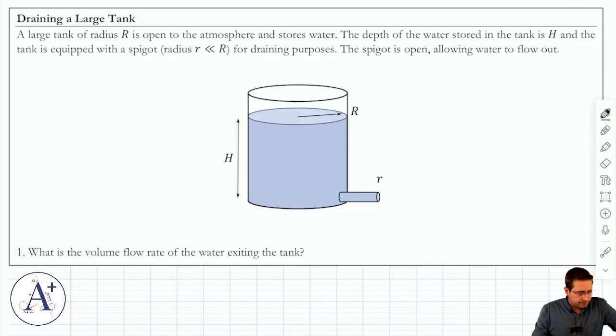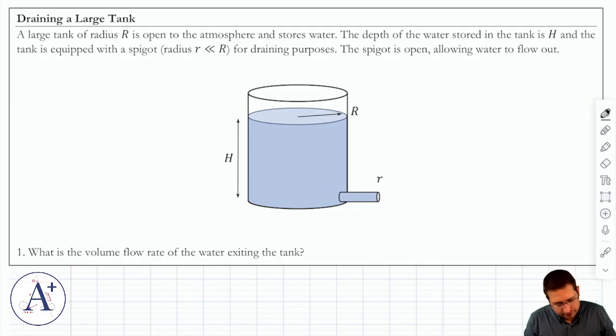Now, let's move on to fluids that are flowing. This problem is everywhere in one form or the other. It's even in the lab, and it's such a classic problem that we have to do it. We have to understand how to approach it, and then from there you can always add on to it.